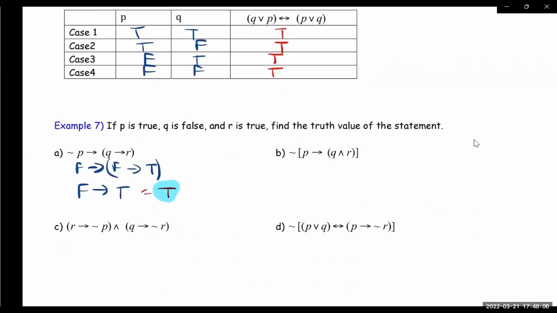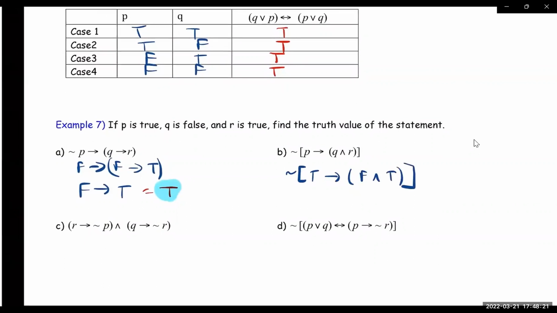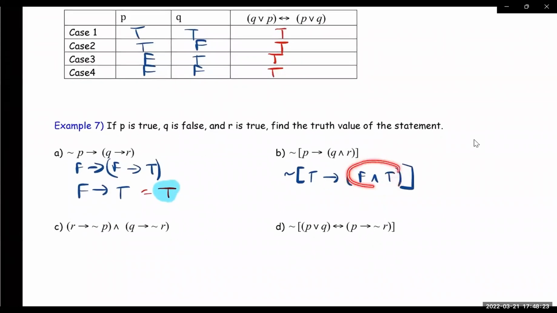All right. So this one is going to be P, which is true, arrow Q, which is false, and R, which is true. So let's do the parentheses first. What do you guys think this is? False or true? False. It's a false because it has an and.